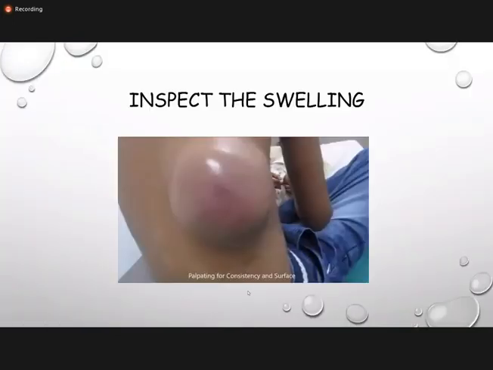Okay, this is a swelling. Who will tell me the findings on the inspection of this swelling? Start with the site. First, you tell me about the site where this swelling is located. Then its shape, surface, edges.